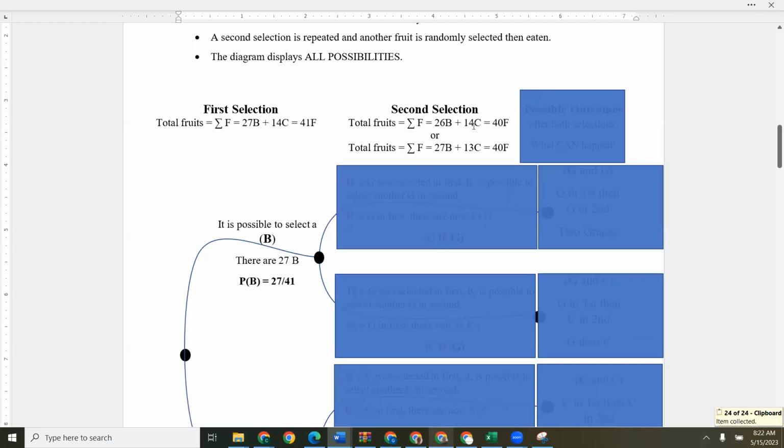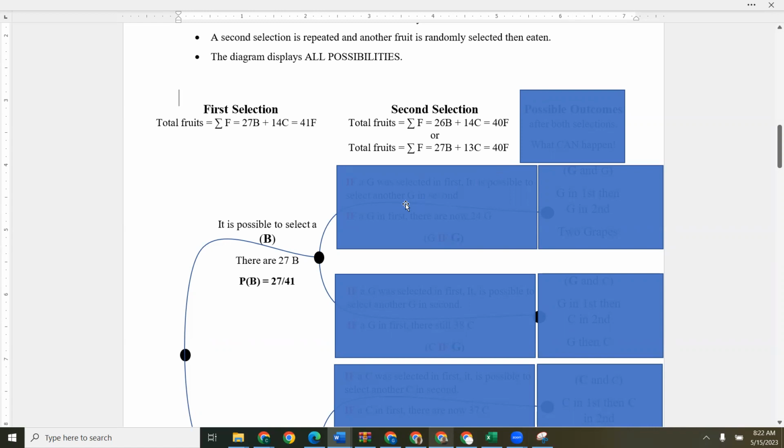So in the second selection, it may be that the condition of the box will be 26 berries and 14 cherries. That will be a total of 40 fruits in all, or 27 berries and 13 cherries, 40 fruits in all, depending. So what if it was another berry she has selected?